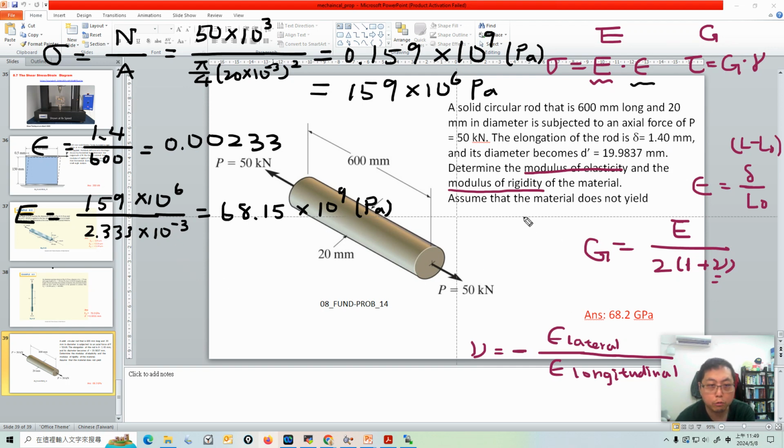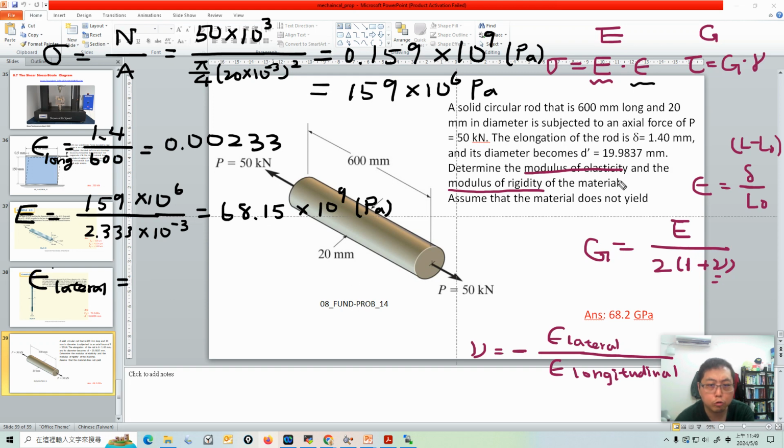Then we have to determine the shear modulus, and for shear modulus we need the Poisson ratio. Poisson ratio is the deformation in the lateral direction divided by the longitudinal direction. We already have the normal strain, the longitudinal strain. Now we need to find the lateral strain.